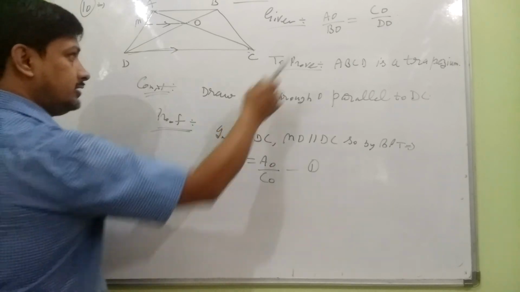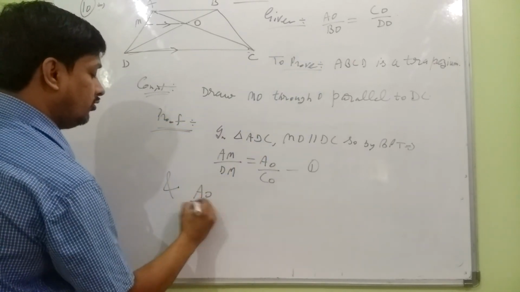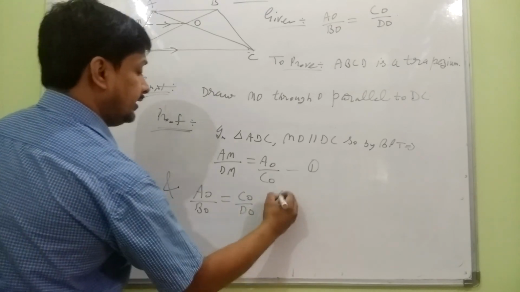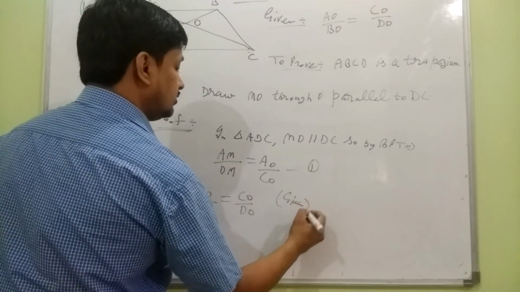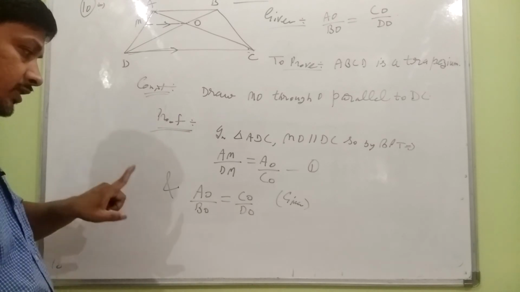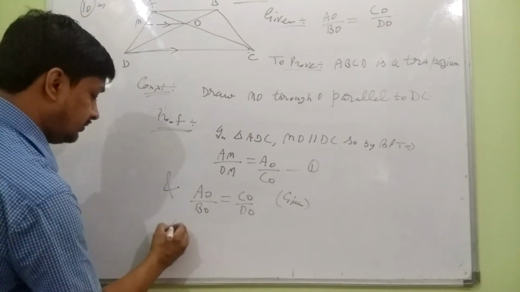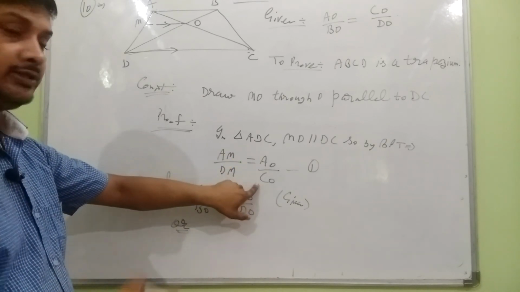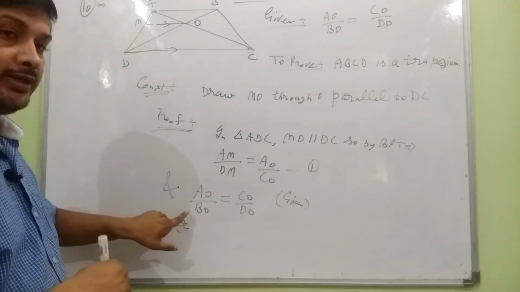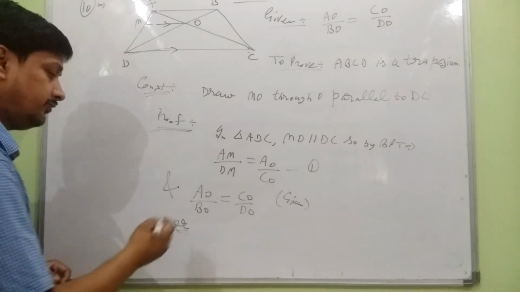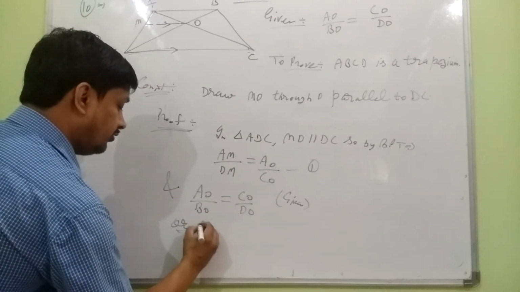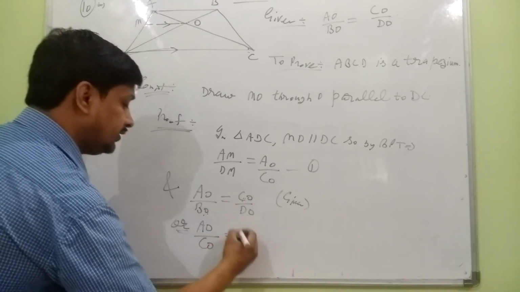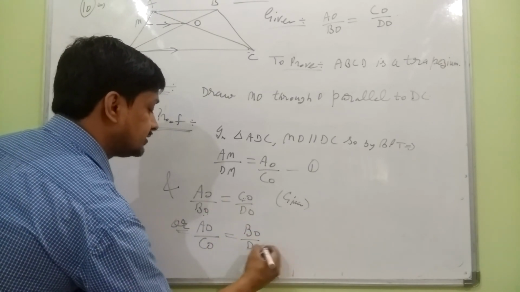And one result is given, AO upon BO is equal to CO upon DO. We can rearrange this, because here we are getting AO upon CO in equation 1, so here also we want the same type of expression. So AO upon CO, just cross multiply and interchange BO and CO, and you will get this.